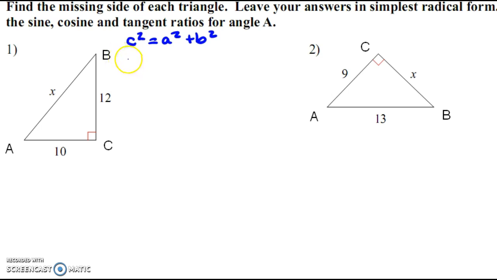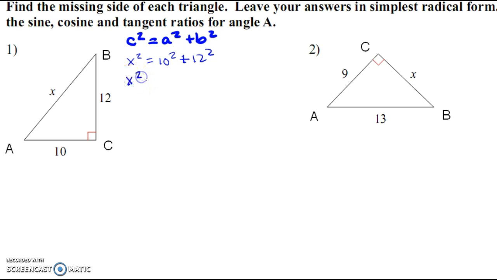So then I'm just going to fill in my values. In this case, I have x squared is equal to 10 squared plus 12 squared. It doesn't matter which order 10 and 12 are in because a and b can be switched, but the c value has to be x. And then I'm just going to simplify.